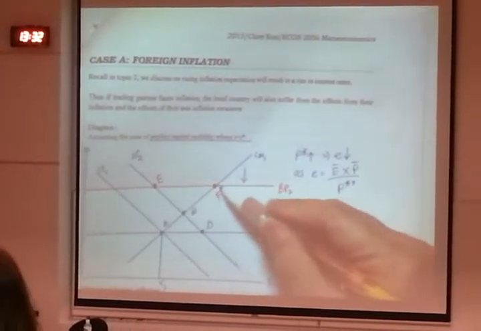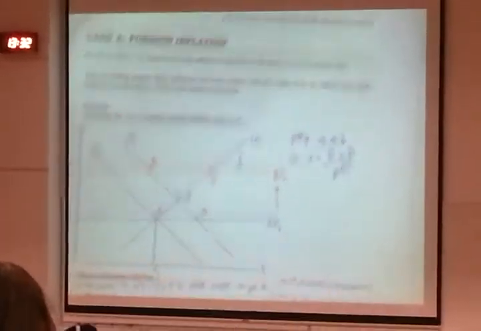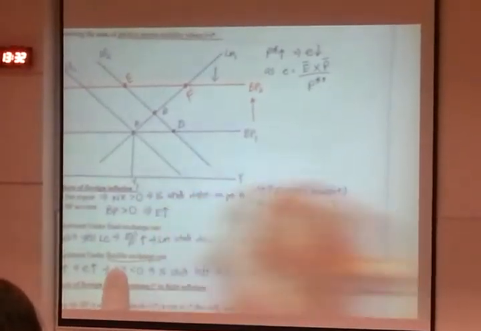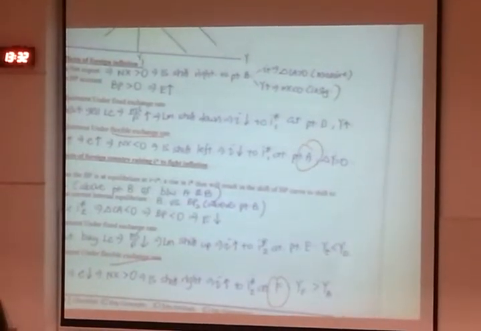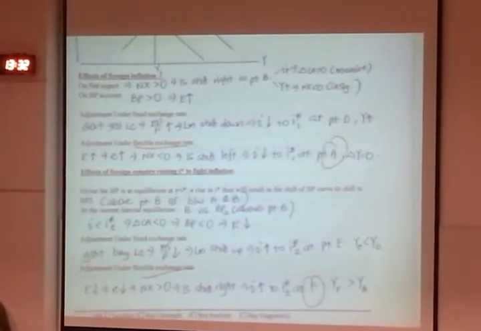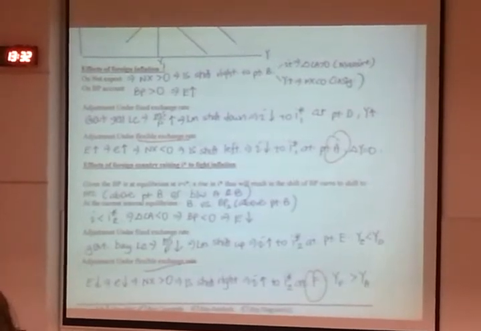So don't compare F with B, it's not meaningful, it's F with A. Because you were looking at flexible exchange rate on A, flexible exchange rate on F. The comparison must be very meaningful. You are comparing two different scenarios. And then you go back and practice.